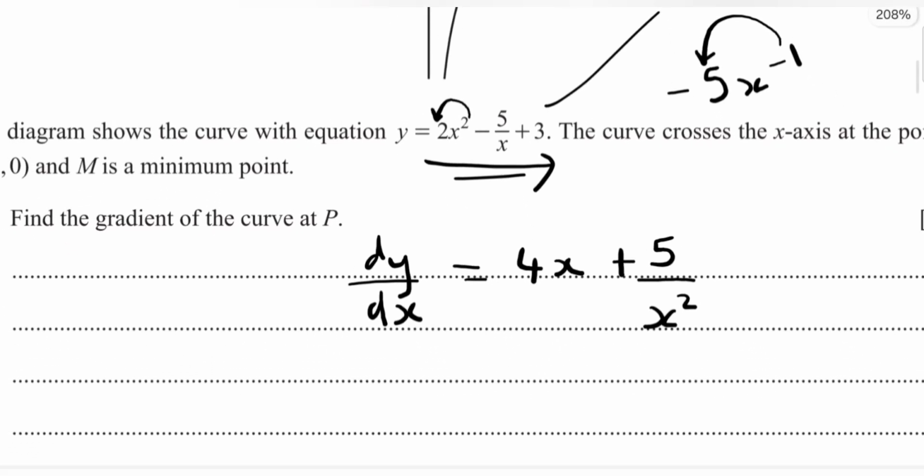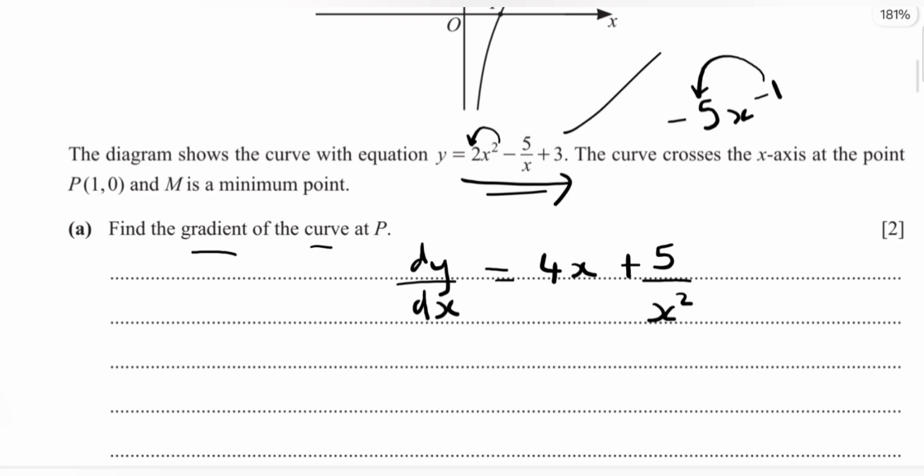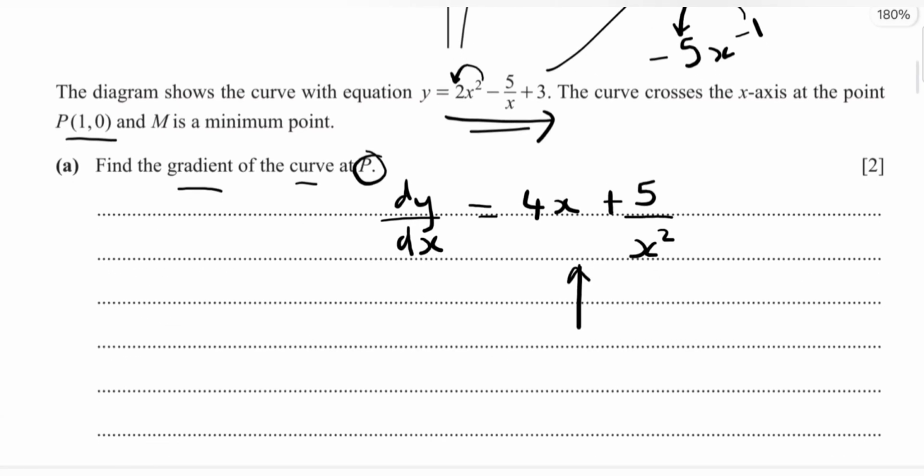Then with this now, we want the gradient of the curve at point P, right? And we know at point P we have (1, 0) as the coordinates of P, so it means that at P our x is 1, so we're going to substitute 1 into this derivative right here, so that would be 4 times 1 plus 5 over 1 squared.